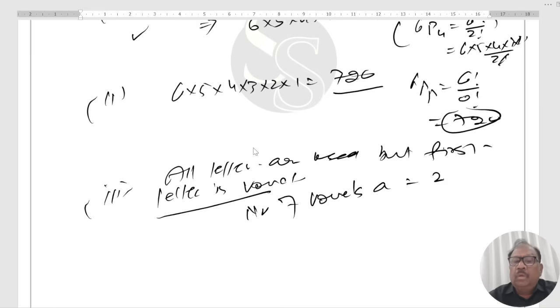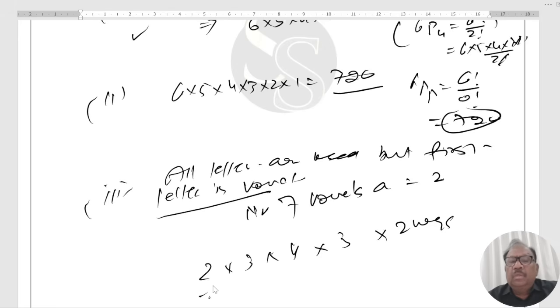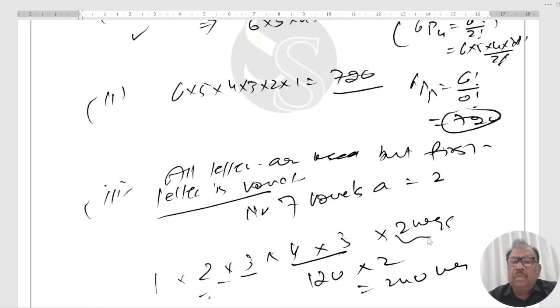So this can be done in 2 ways. Balance 5 into 4 into 3 into 2 into 1, that is 120, into 2, 240 ways. This is the condition for vowels.